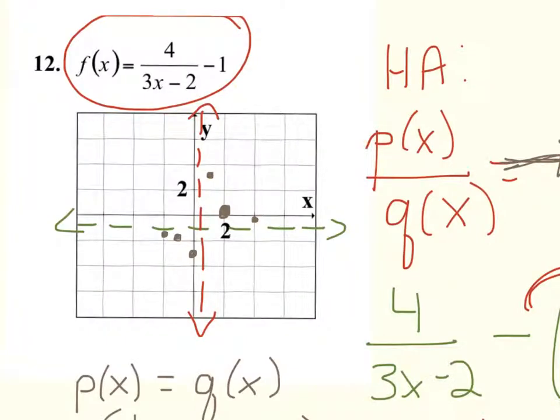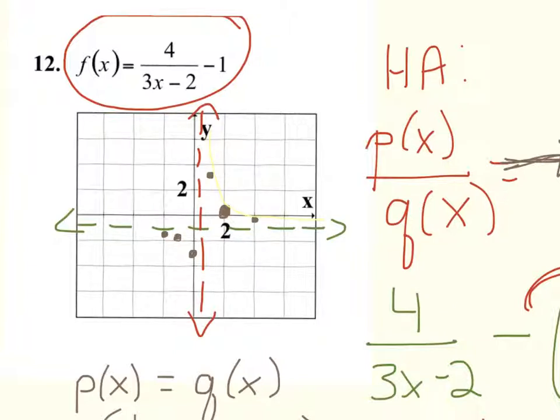From there, you want to find points so that you can actually sketch your graph. Finding the x and y intercepts would be good, so plug in x equals 0, plug in y equals 0, and then just find a couple more points just so that you can get the appropriate shape of the graph. And after you've done that, all you need to do is draw in your graph, and you've got it.